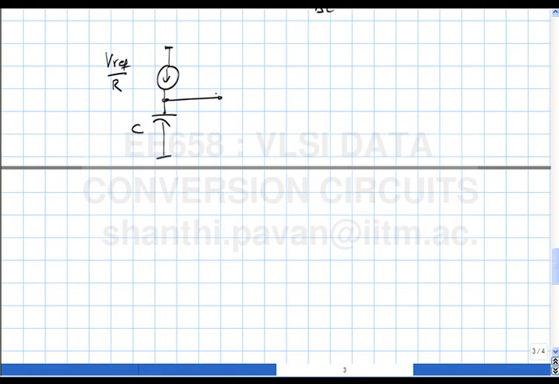What will this voltage be? It will be a ramp, and what is the slope of the ramp? 1 by RC. So what I can do is reset the capacitor at t equal to 0, so I short this at t equal to 0, and sample the voltage across the capacitor at some m time periods.